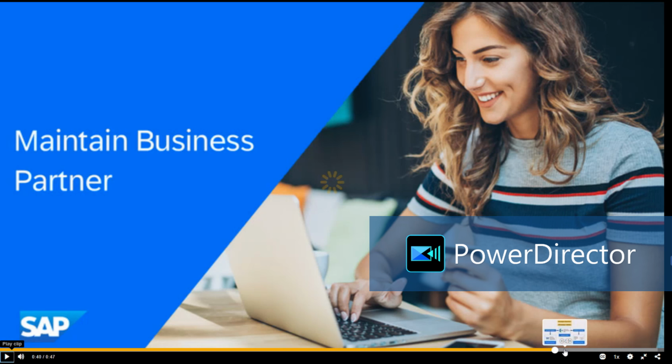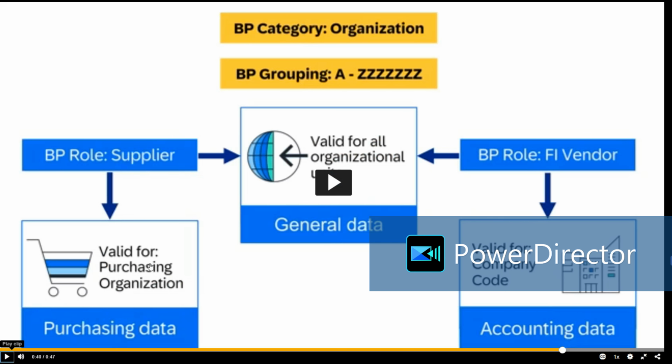As a BP role supplier, we maintain purchasing data, and at FI vendor we maintain company code data, which is present in the accounting data. Here it is present as a screen in the BP transaction.